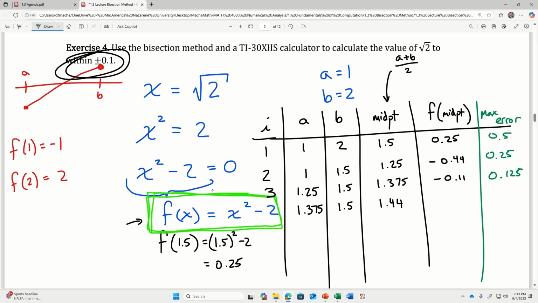And that's still larger than 0.1. But here, the maximum possible error is 0.0625. If I say that this is my answer, I know it's at least within 0.0625 of the real answer for square root of 2.